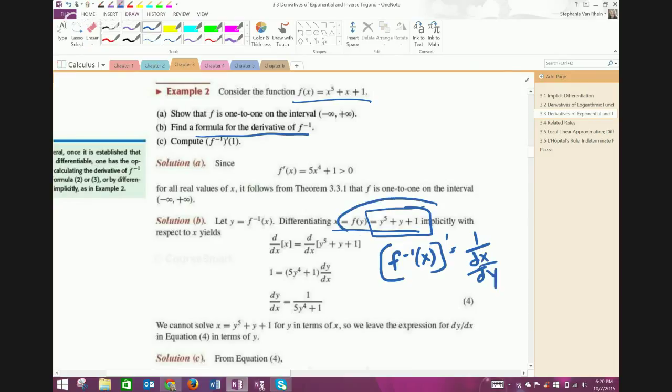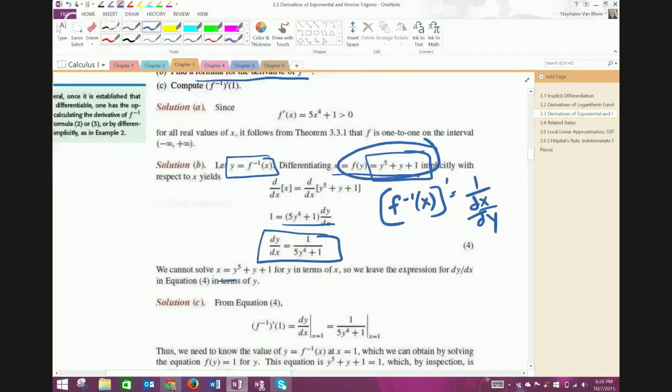So switch the role of x and y, differentiate that, and then 1 over the derivative of that is dy over dx, which would be the inverse, right? So going through, solving, we get that. And here they elaborate, we cannot solve for this expression directly, so we leave the answer in terms of y.